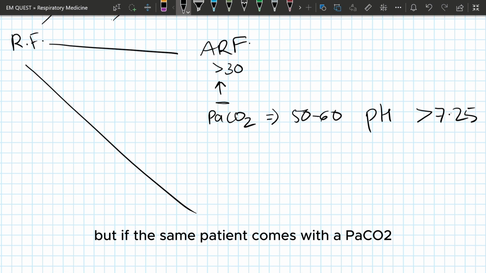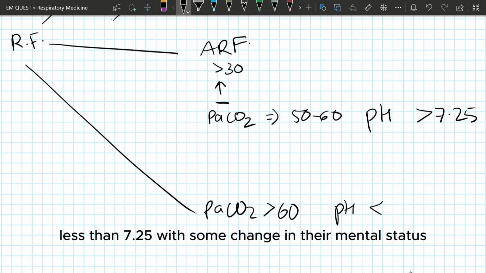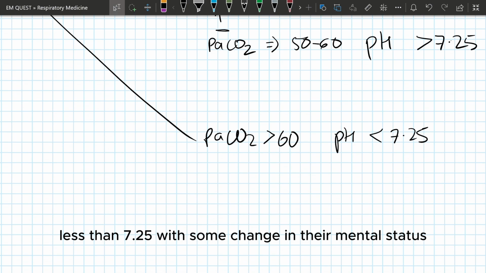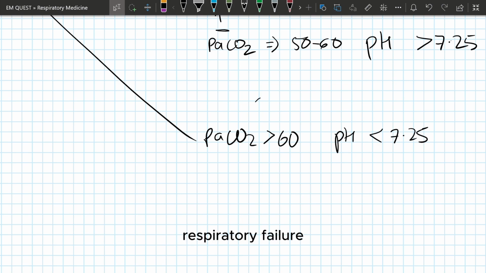But if the same patient comes with a PaCO2 of more than 60 and their pH less than 7.25 with some change in their mental status, then you must consider that this patient is in severe respiratory failure.